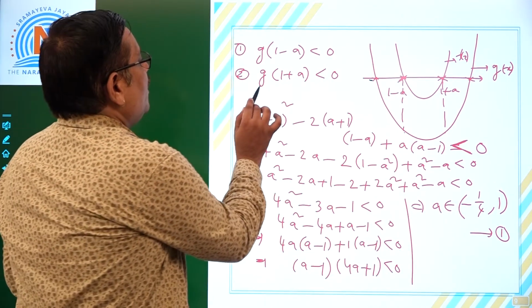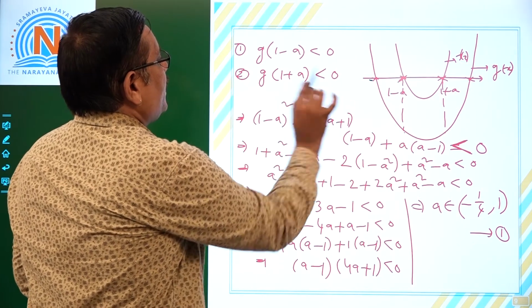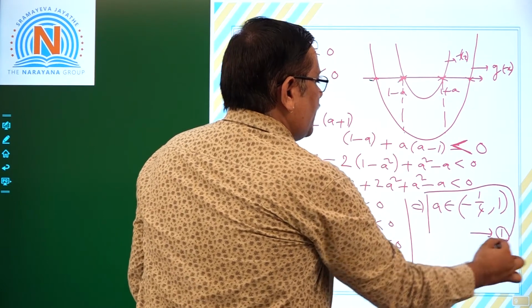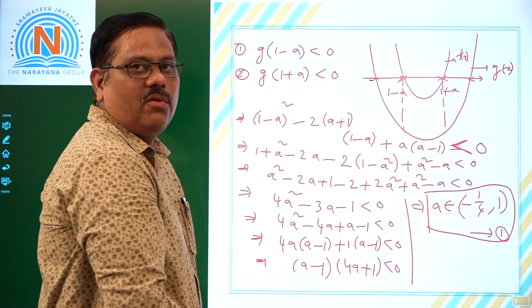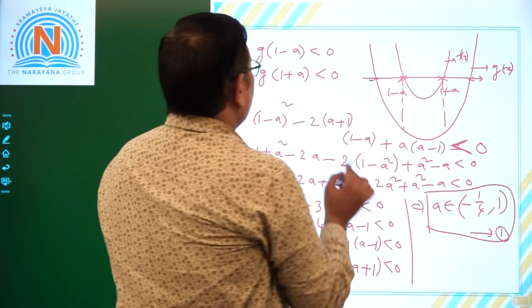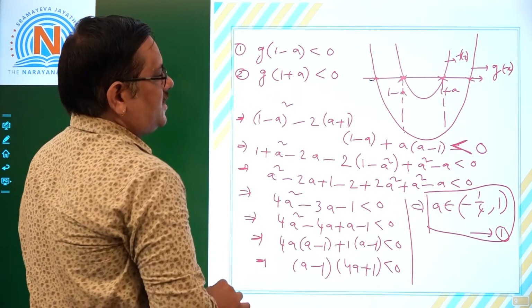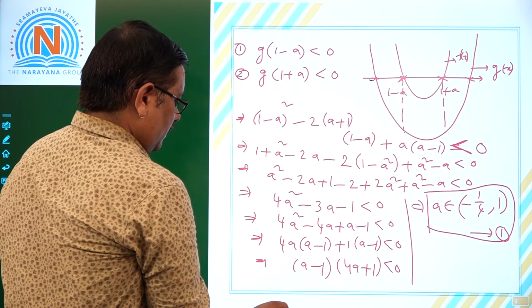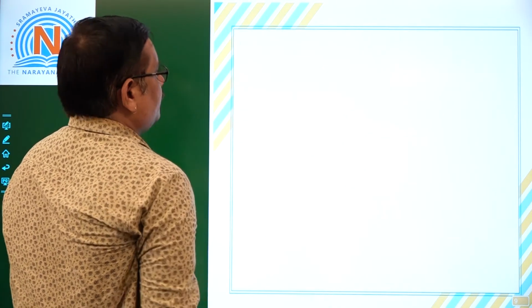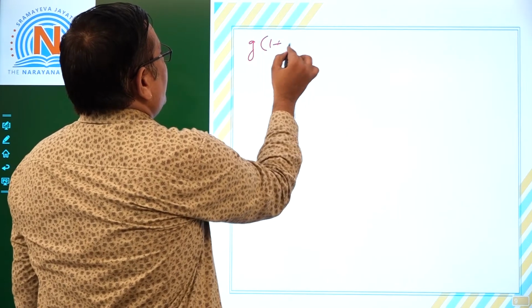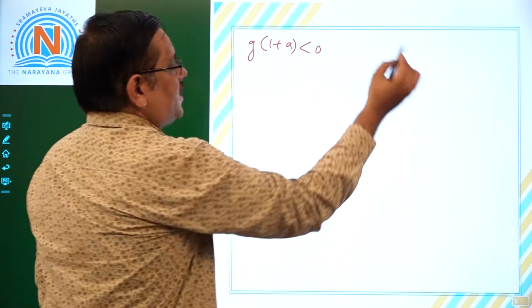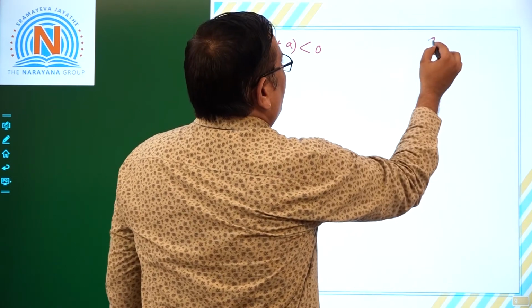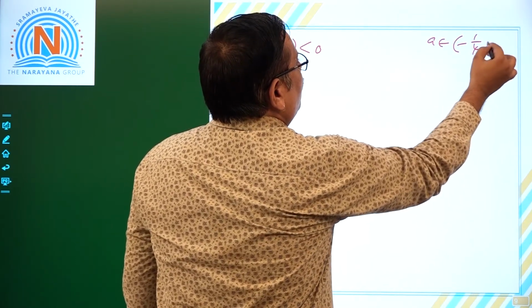Similarly, you have to take g of 1 plus a less than 0. The first condition we got is a belongs to minus 1 by 4 to 1.